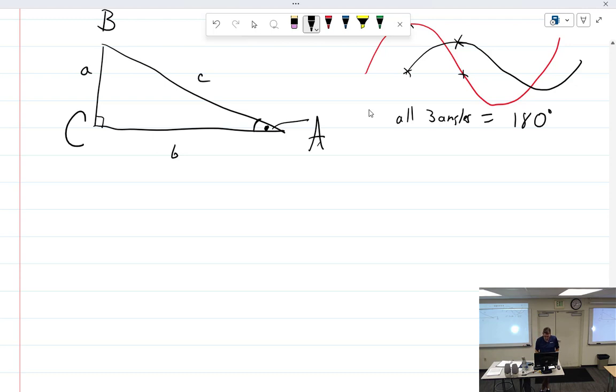All right, let me see. So referencing A, which is what's important to us, this right here would be the opposite. This right here would be the adjacent.